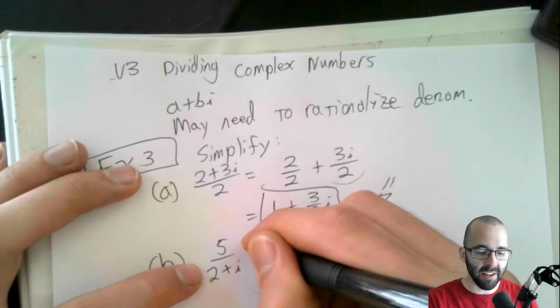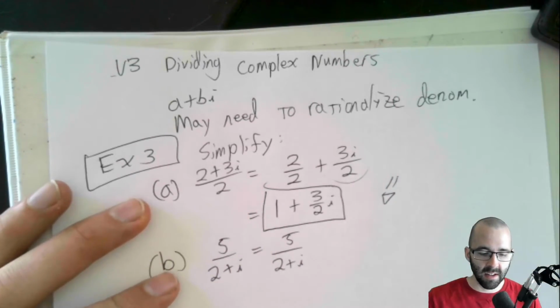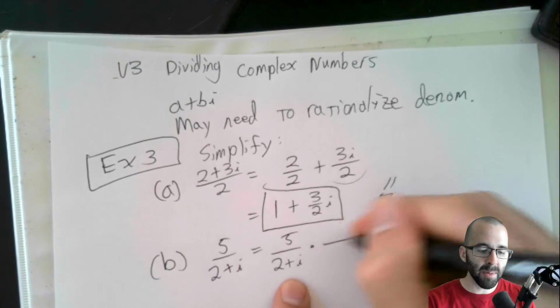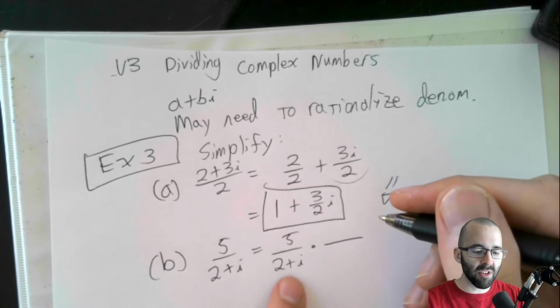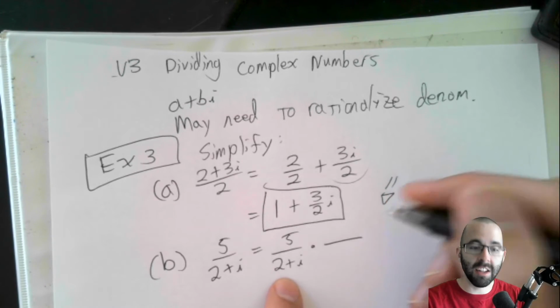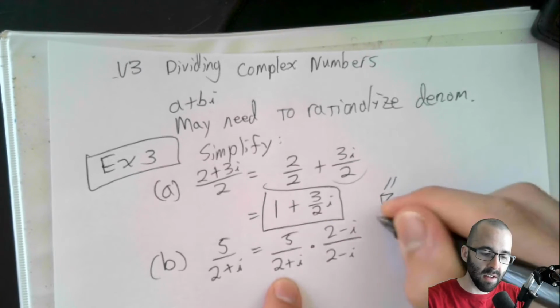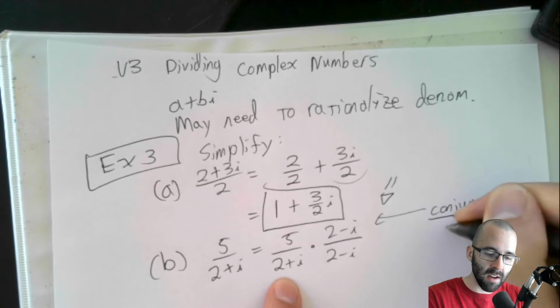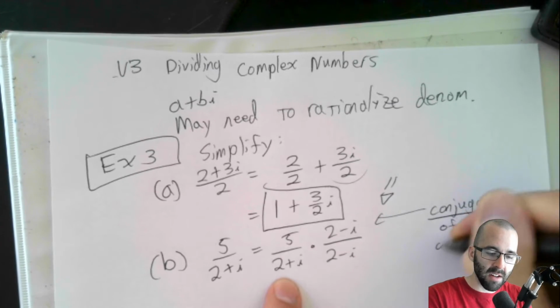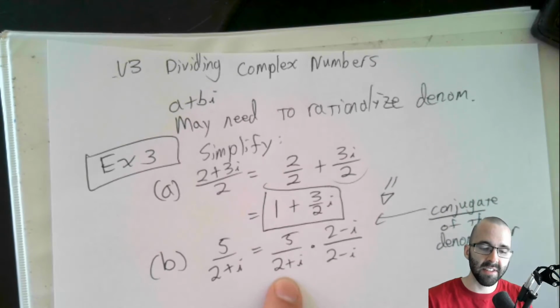The way to simplify this, let me just rewrite this real quick, is to multiply the top and the denominator by 1. And specifically, we're going to multiply it by the conjugate of the denominator. This is called the conjugate of the denominator. And we'll see why we did that in a second.